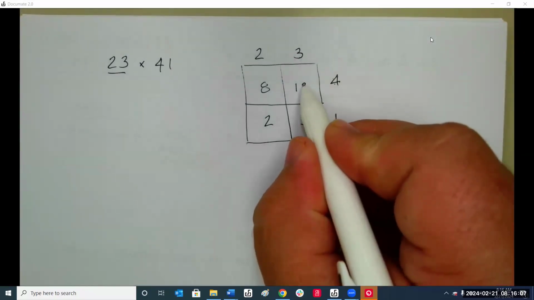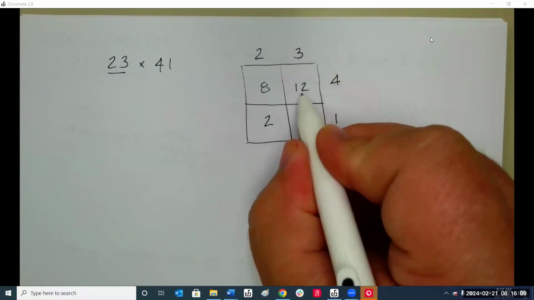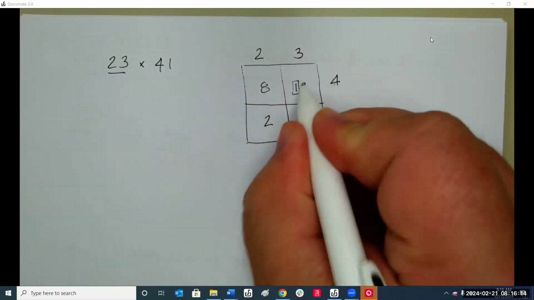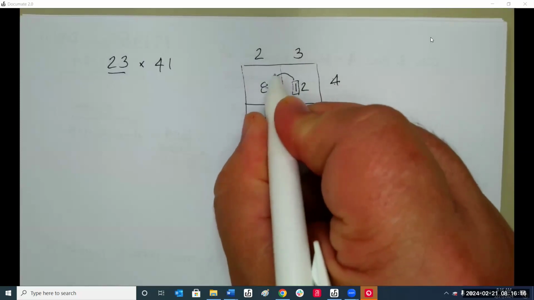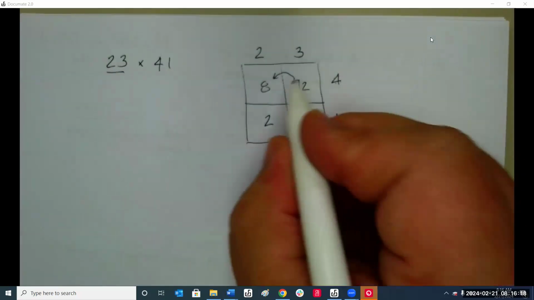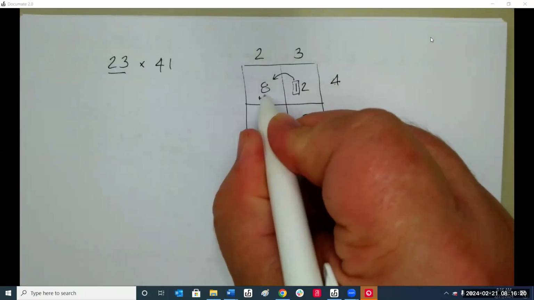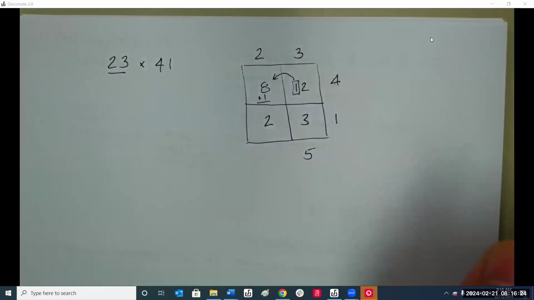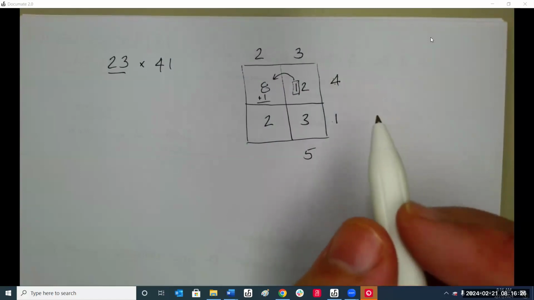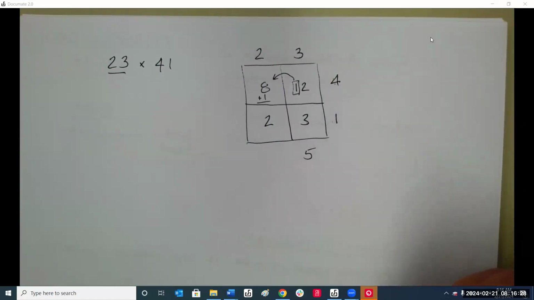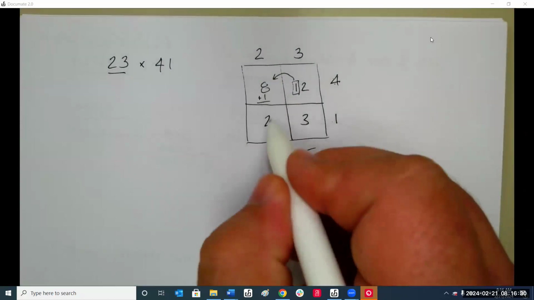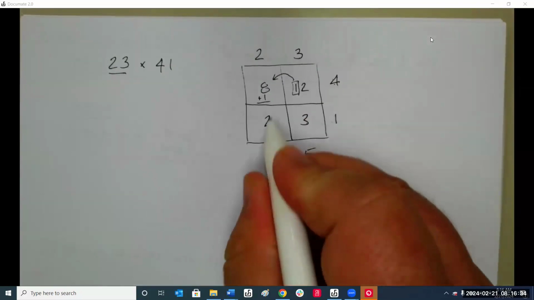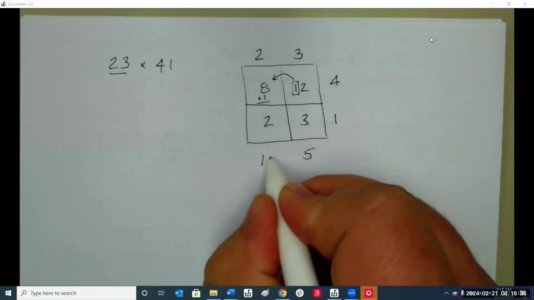Now, if we add straight up and down, well, since this is a 1 here, you can only have one number per box. That comes to the next box over. So 2 plus 3 is 5. And then 8 plus 2 is 9 plus 2 is 13.